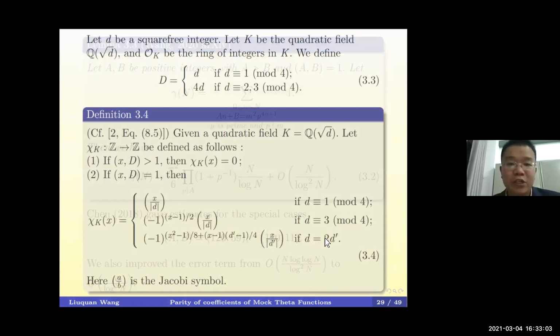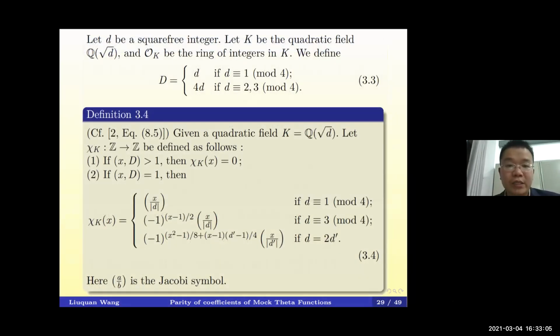And for the algebraic number theory aspect, we need some lemmas from some classical book. Now let D be a square-free integer, and let K be the quadratic field Q adjoin square root of D, and we let O sub K be the ring of integers in K. Then we define capital D as in this equation.